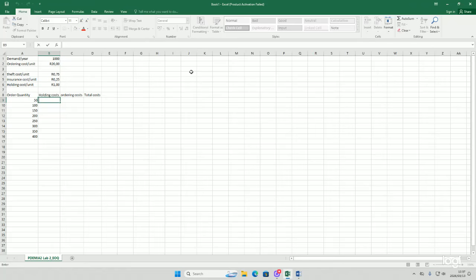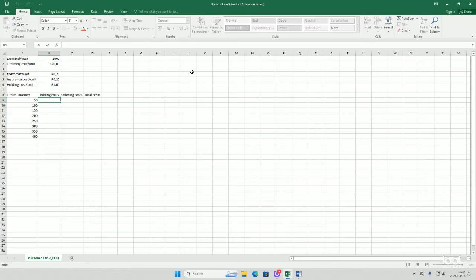So with that, we know that for us to calculate our holding cost, we should say our holding cost is the holding cost per unit multiplied by average inventory. And your formula for average inventory is what? Is Q divided by 2. Q, which is quantity, divided by 2. Okay?